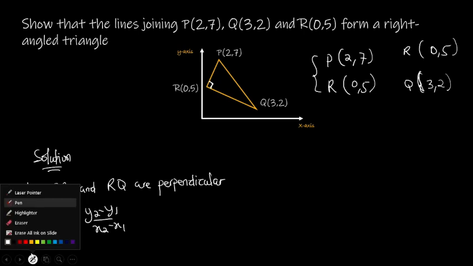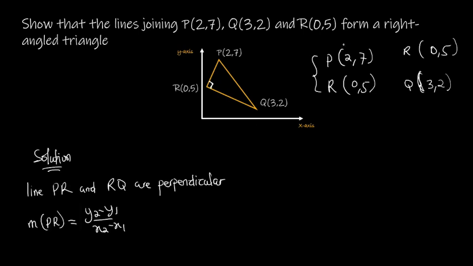Alright, so I can now go ahead and label my points. So this is my y1. This is my x2, y2. That means from P to Q, P is the first point, Q is the second point. So these are my coordinates. So from R to Q, R is my first point, so this is x1, y1, this is x2, y2.